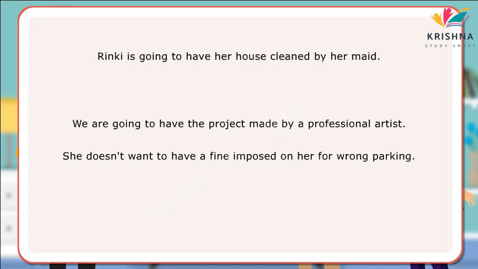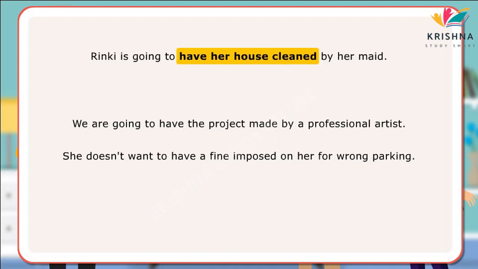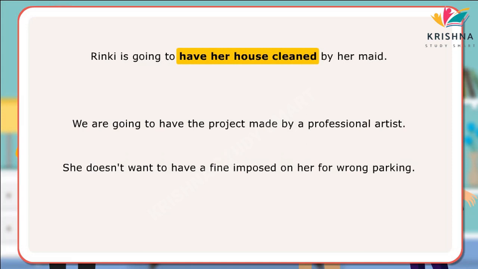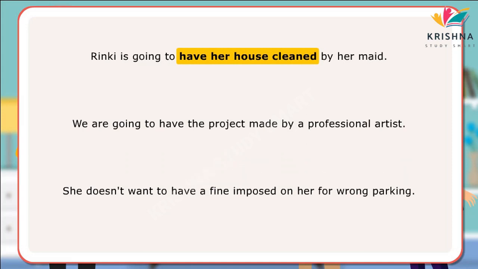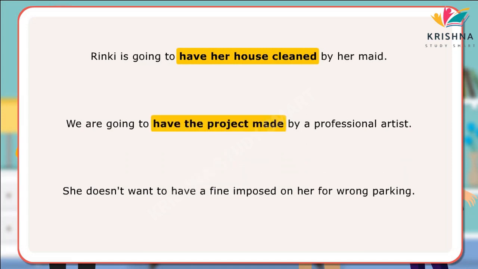In the first sentence, have something done has been used to express that the subject will get her work done by someone else. In the second sentence, too, have something done has been used to express that the subject we are going to arrange someone else to do their work.